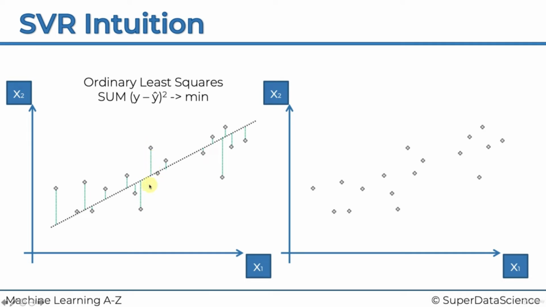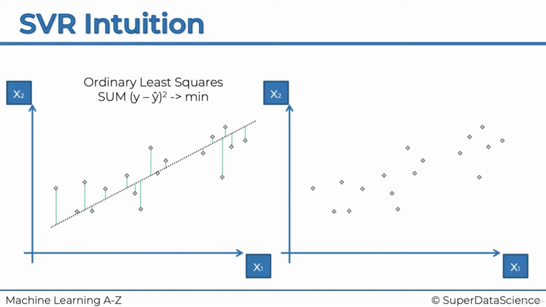We take the difference here or here, we square it, and we want to minimize that. That's the ordinary least squares method. Essentially what we're doing is minimizing the error. We want to have a line with the minimum error possible. So that's the intuition behind a simple linear regression, something we already talked about.